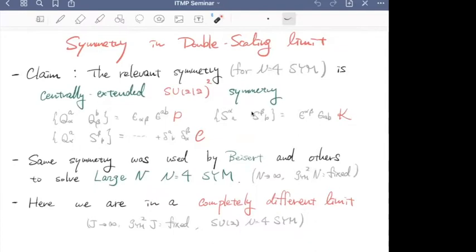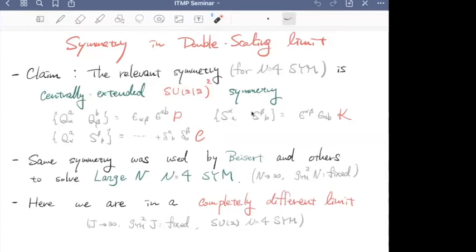The relevant symmetry, especially for N=4 super Yang-Mills, is what's known as the centrally extended SU(2|2)^2 symmetry. This symmetry, SU(2|2), is a part of the superconformal algebra. In particular, it includes some rotation of the sphere, and so it knows about the curvature of the sphere.